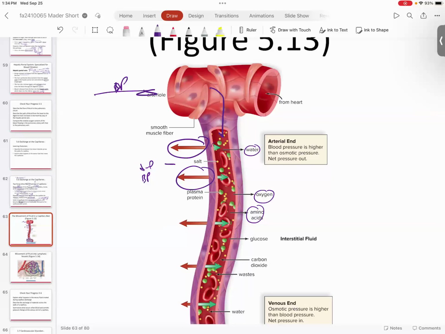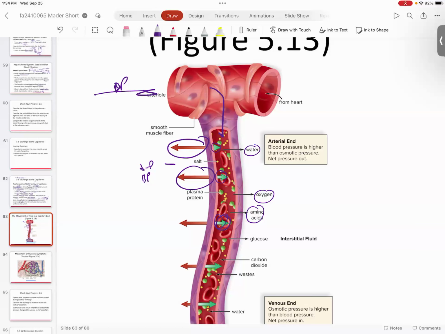However, the inward pull, if you notice these little green arrows here, are very small at the arterial end. So the overall direction is outward at the arterial end because you've got a massive blood pressure push against that capillary wall. At some point, however, as you lose water in your capillary, it becomes more and more concentrated on the inside.